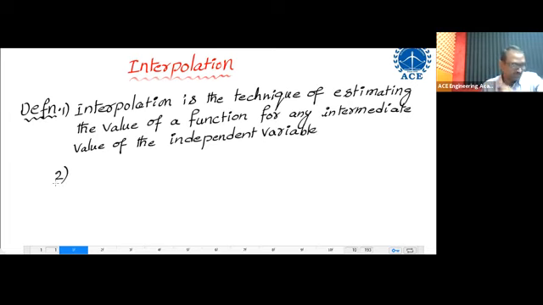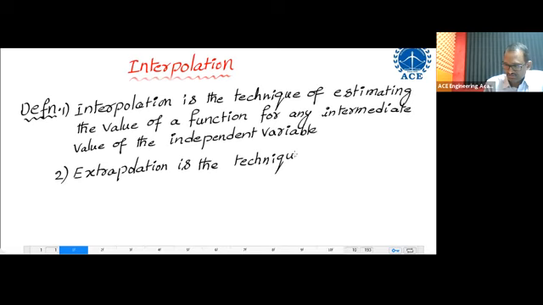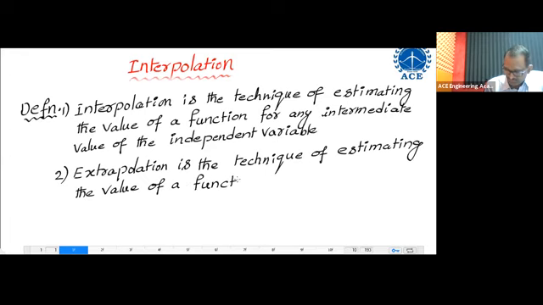Definition number 2, extrapolation. Extrapolation is the technique of estimating the value of a function for any x value.